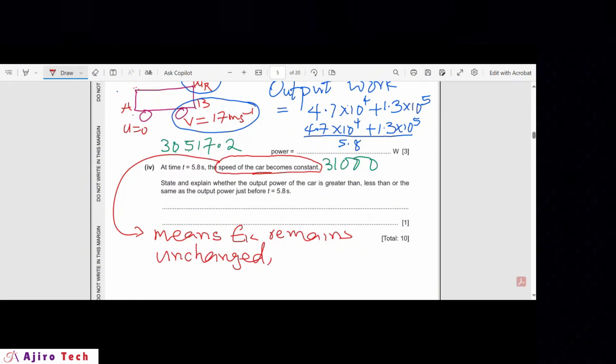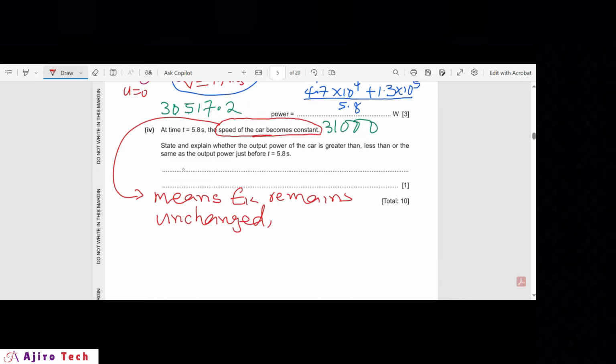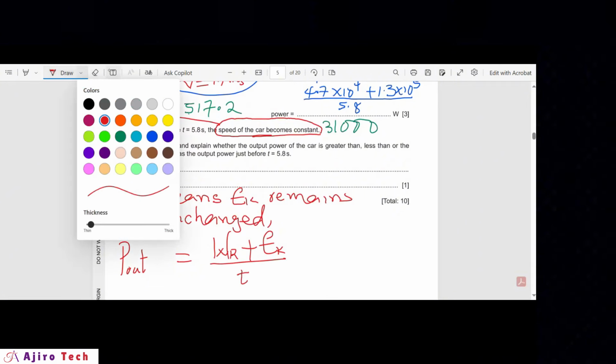Now what will happen? Don't forget that we use the output power, so let me call it P output. It is the work done by air resistance plus kinetic energy over time. That's what we used to get the earlier question.